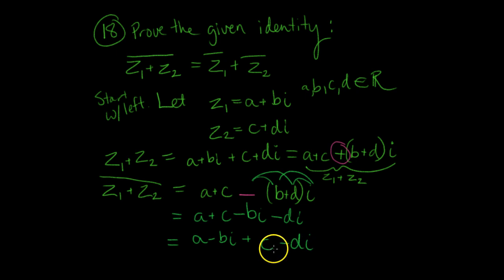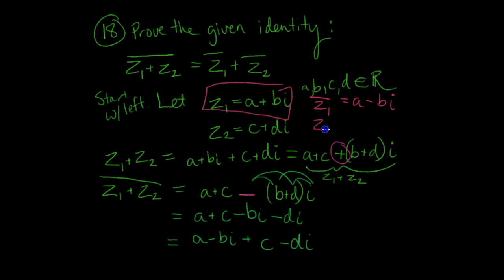Now notice what these are. These are the conjugates of z1 and z2. So remember, z1 was equal to a plus bi. So over on the side, we could write then that the conjugate of z1 is equal to a minus bi.